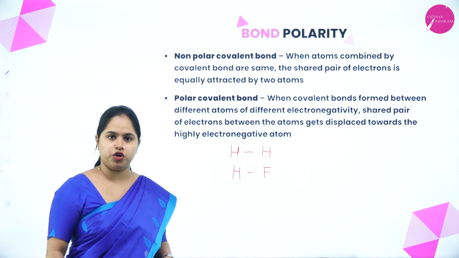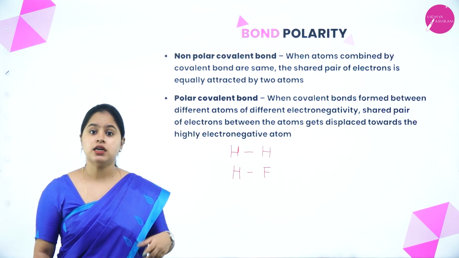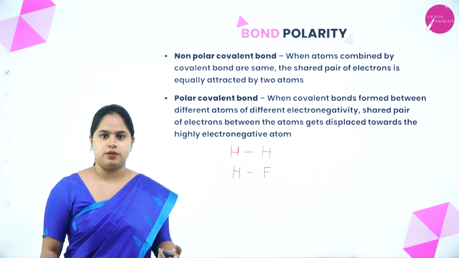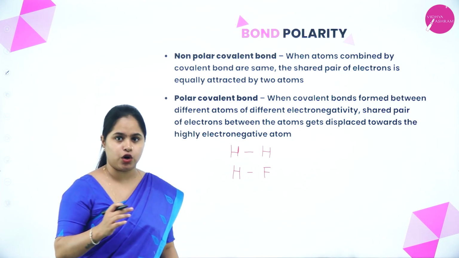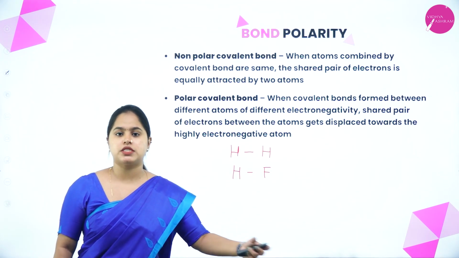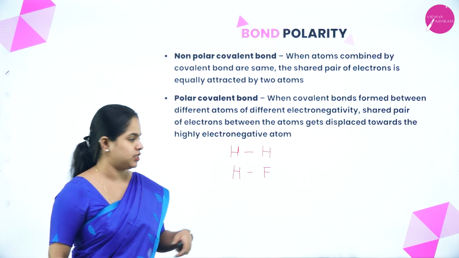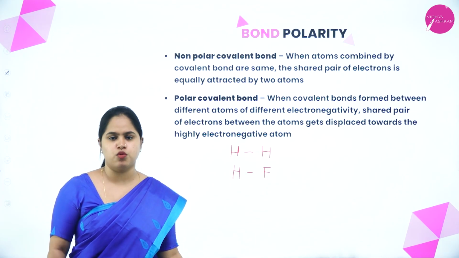Now in this case, what you can see is that the atoms are different, and fluorine is a more electronegative atom. So the shared pair of electrons will be attracted more towards the more electronegative atom. In the case of hydrogen and fluorine, we know that fluorine is more electronegative.